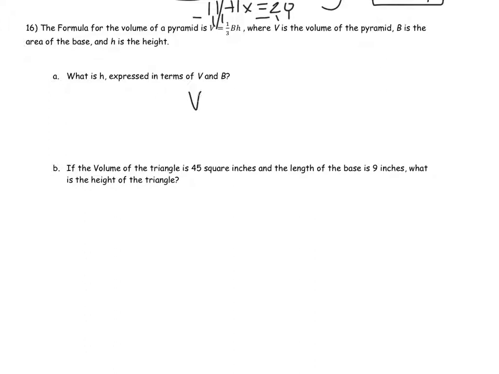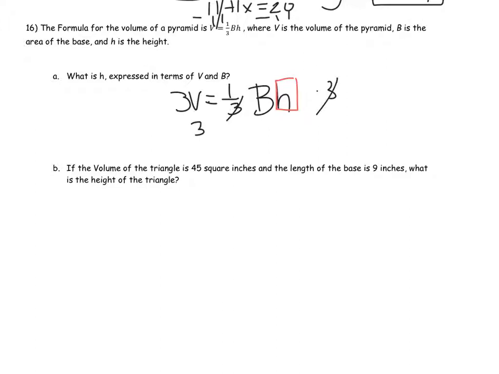So we have V equals 1/3 big old B times H. We're trying to solve for H. So first we're going to get rid of that fraction by multiplying it out. The fraction's gone.